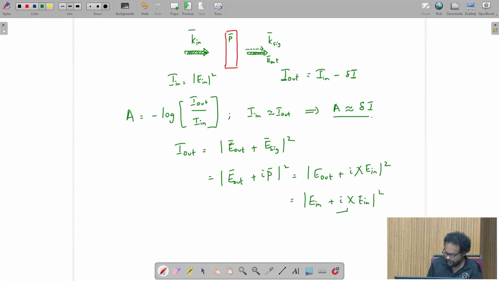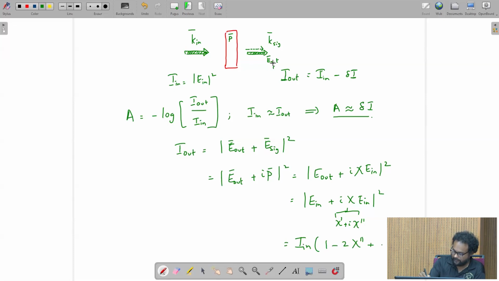Remember, chi actually has real and imaginary components. So if I make the substitution, you will see that this will be I in times 1 minus 2 chi, the imaginary part of the susceptibility, plus some higher order components, and it drops out like that.